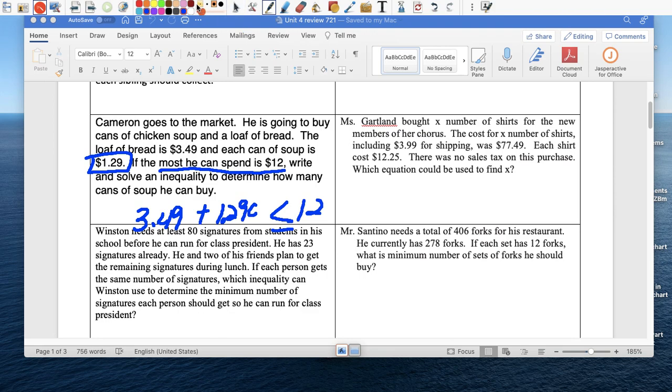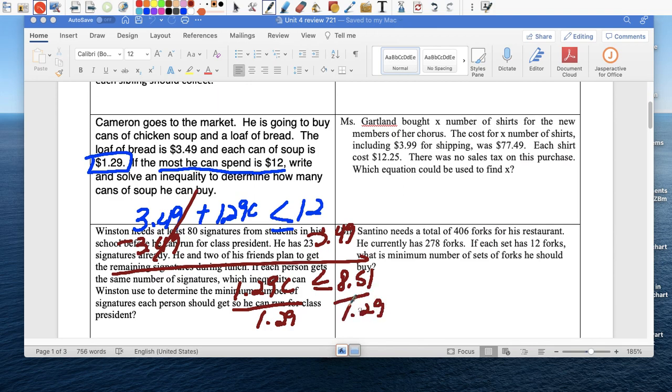Well, again, minus 3.49, that goes away. So again, think about it. If I had $12 and I bought a loaf of bread, which was 3.49, I have $8.51 in my pocket, and now I want to figure out how many cans of soup I can buy with that. So I'll divide by 1.29, divide by 1.29.